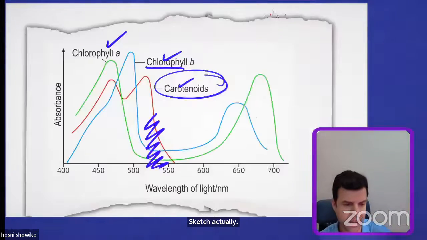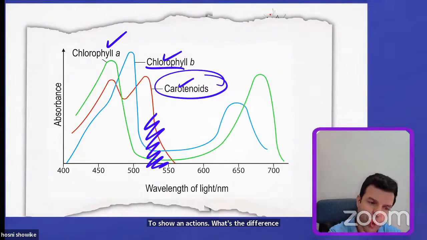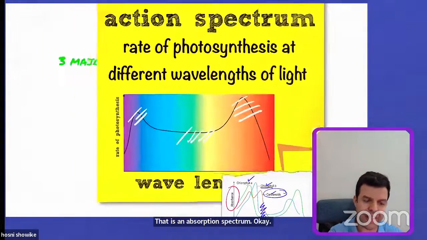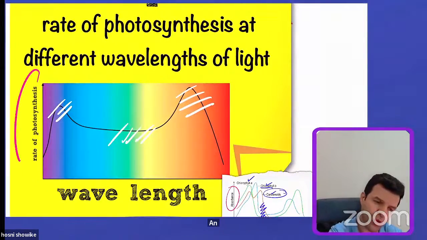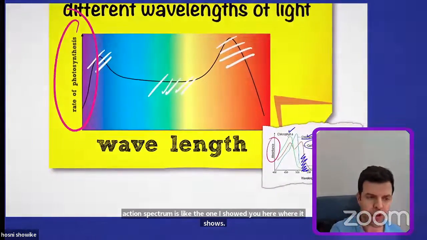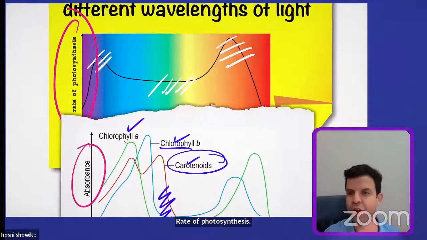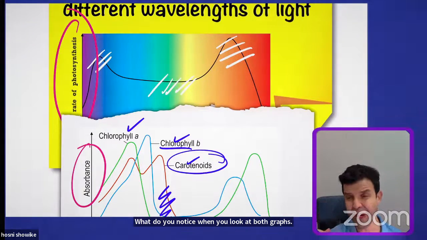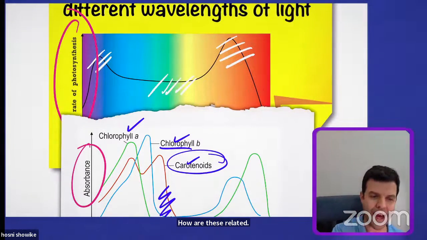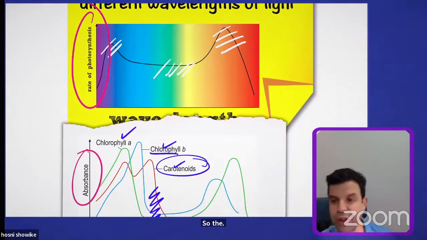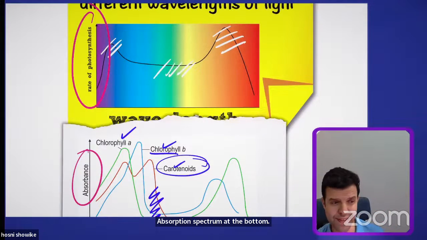What's the difference? That is an absorption spectrum, okay? An action spectrum is like the one I showed you here, where it shows rate of photosynthesis. What do you notice when you look at both graphs? How are these related? They're identical, right? So the absorption spectrum at the bottom and the action spectrum at the top, they are more or less the same thing.